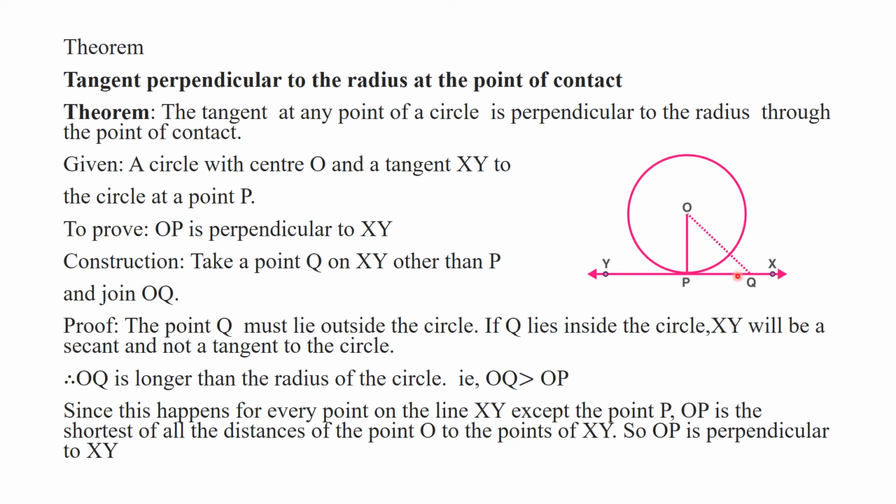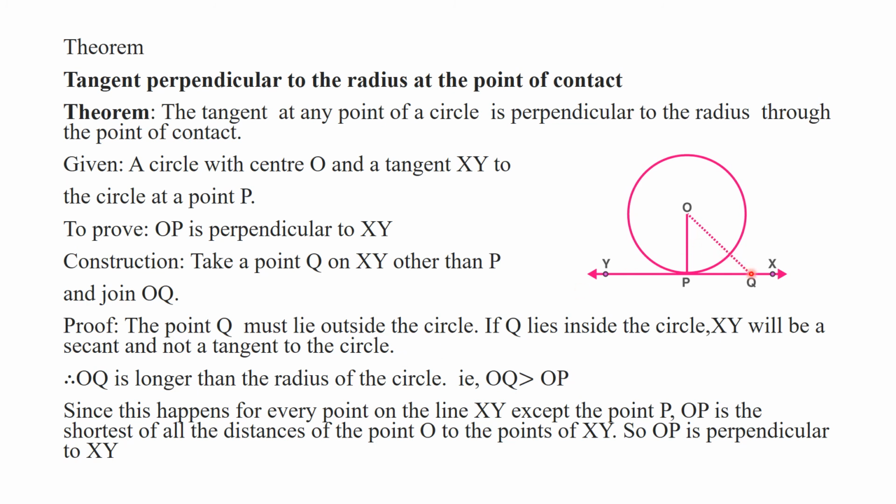For this, take a point Q on XY other than P and join OQ. We can say that the point Q must lie outside the circle. If Q lies inside the circle, we can say XY will be a secant and not a tangent to the circle.